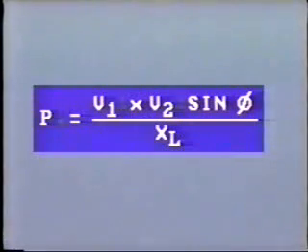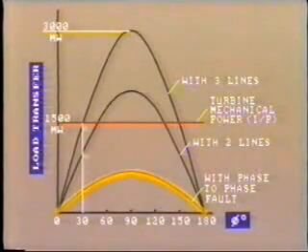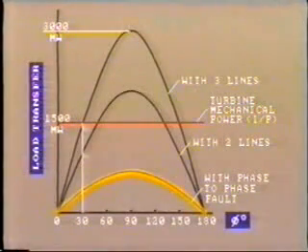If the level of voltage falls, then the capability for load transfer is also reduced for each specific angle. So we can draw yet a third load transfer curve for the phase-to-phase fault condition. Clearly, with these low voltages for any specific angle, the amount of power that can be transferred is now greatly reduced.